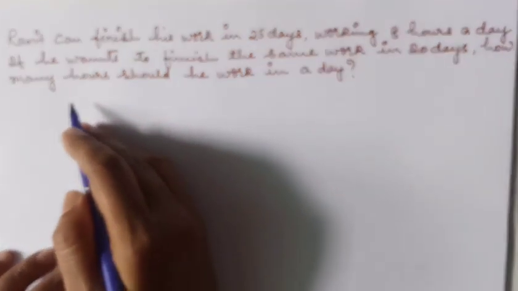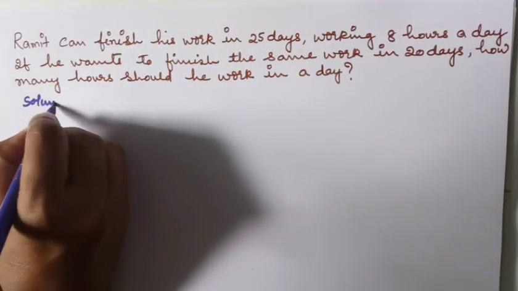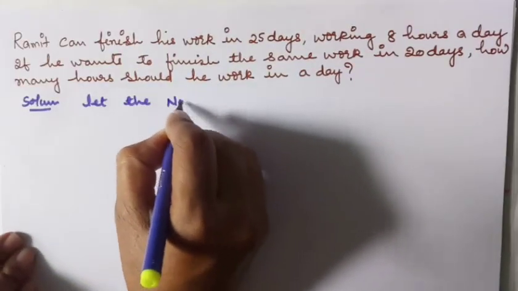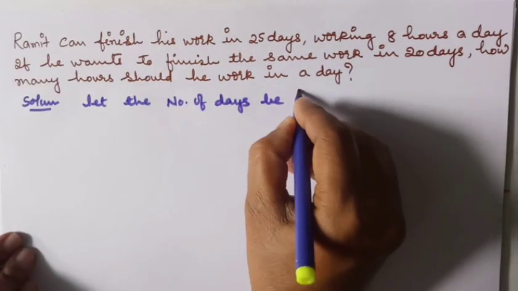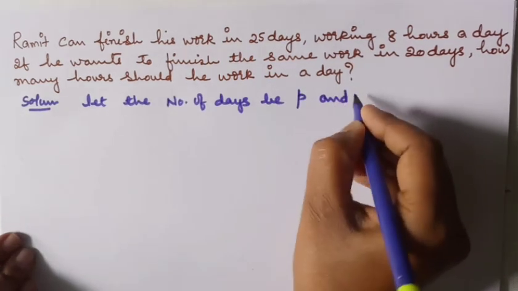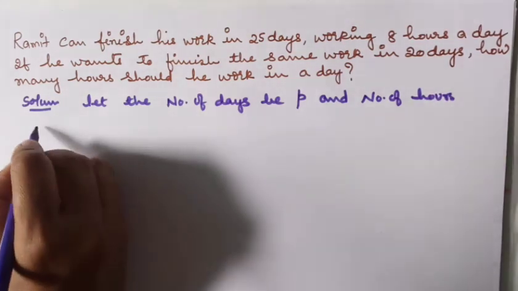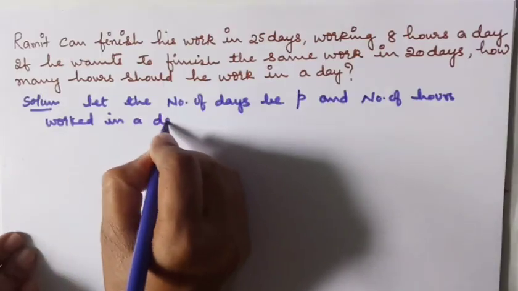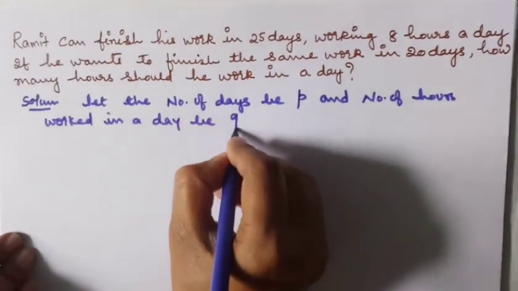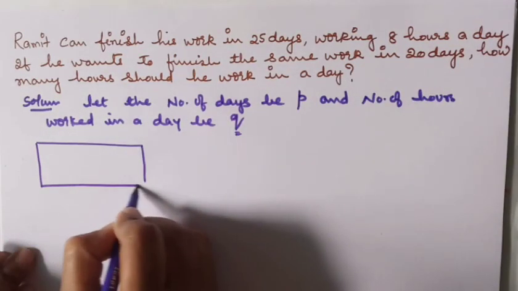So let us start the solution. Let the number of days be P and the number of hours worked in a day be Q. Now see, make a table.